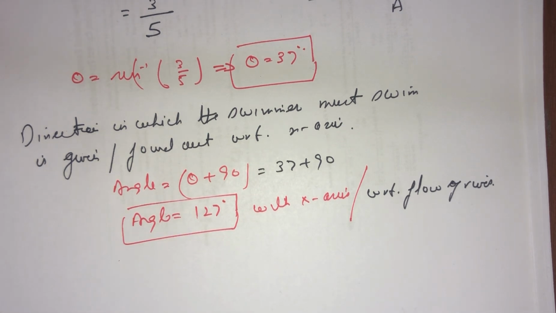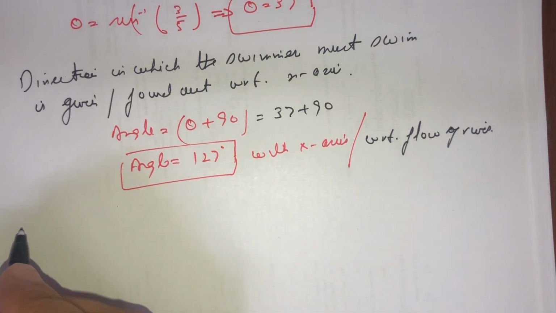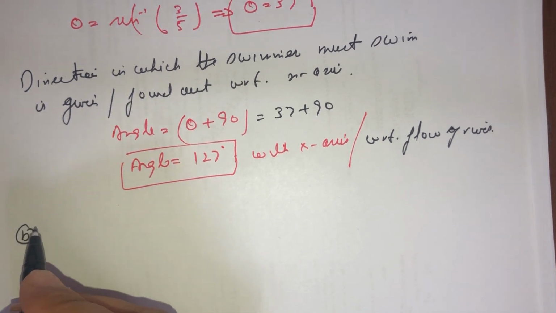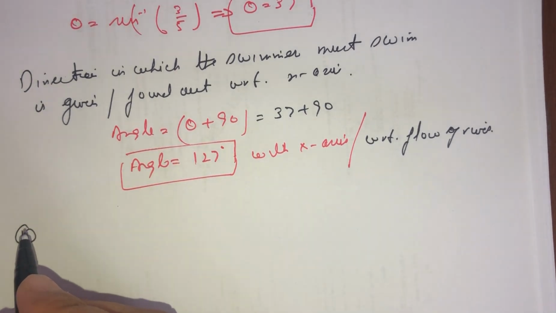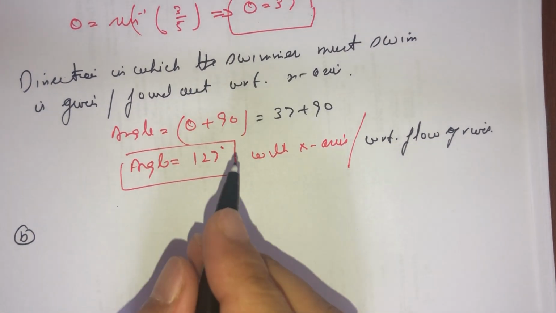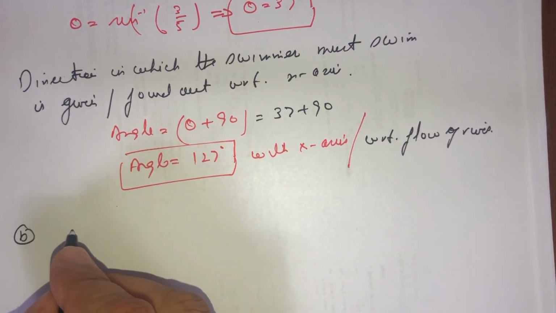In the second part, part B, we are going to find out what his resultant velocity will be. We already said that the resultant velocity is denoted by V1.